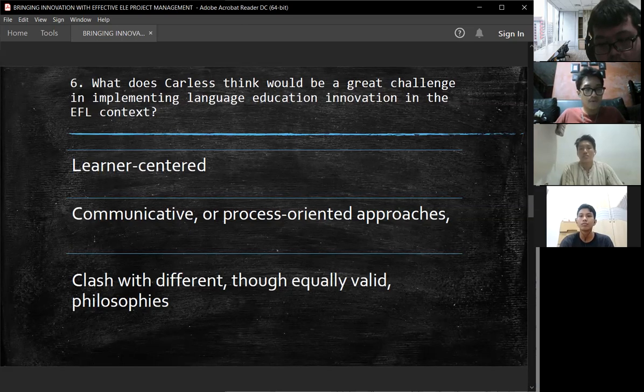For example, reforms in language education often involve innovations from the Anglophone world to developing countries in which English is a foreign language. And also sometimes pedagogic values like learner-centered clash with different philosophies which may put greater emphasis on whole class direct instruction, examination preparation, though equally valid.